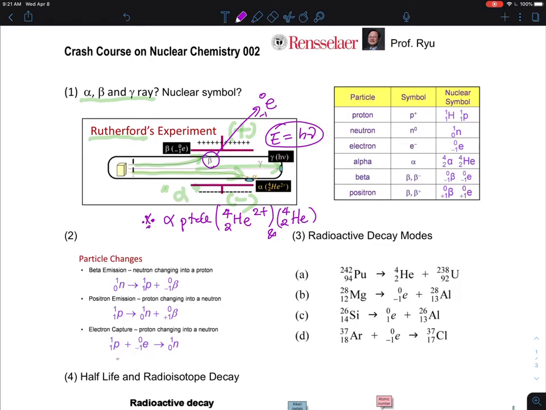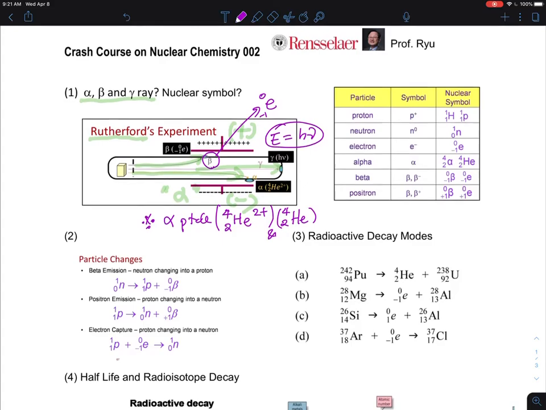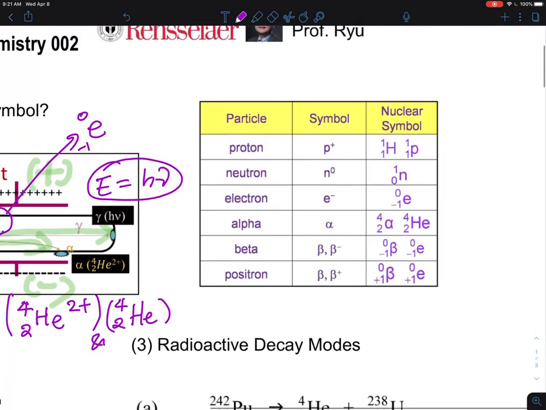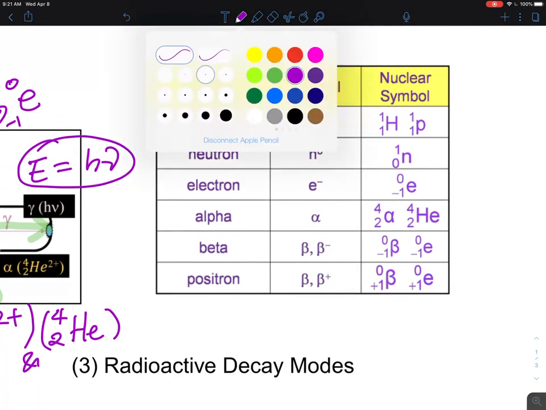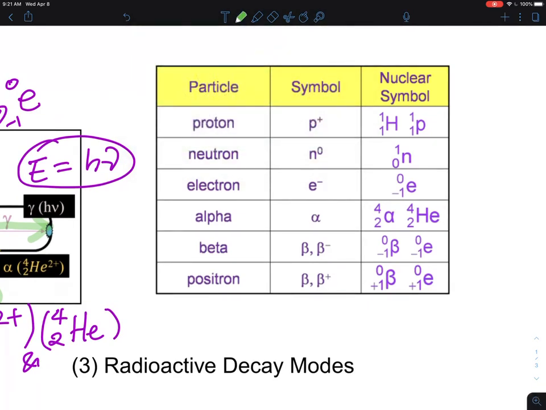Okay, and now this is a notation that you want to know, and we've been using this notation or these particle names: proton, neutron, electron, and the symbol that most people use.